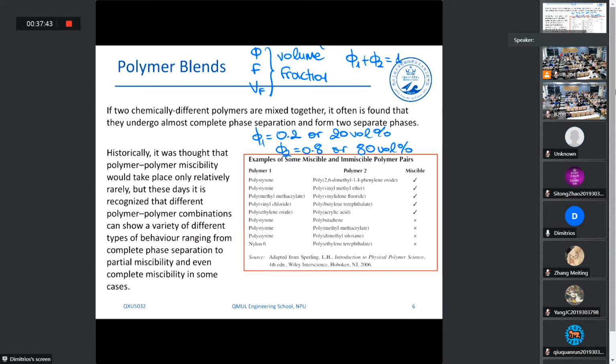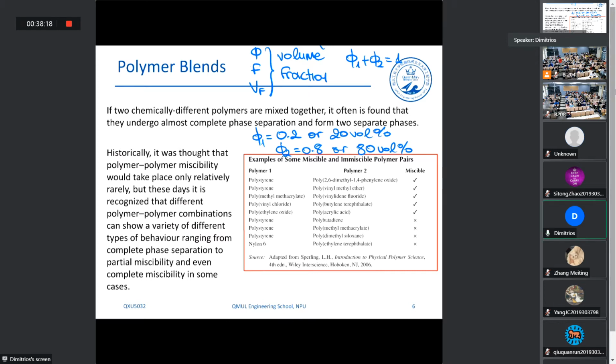But after intense studies, because of the theoretical and practical importance of polymer blends, nowadays it is recognized that we have polymer-polymer combinations where the behavior can range from complete miscibility, a homogeneous phase, up to a complete immiscibility, and the creation of these unique structures that we said earlier.